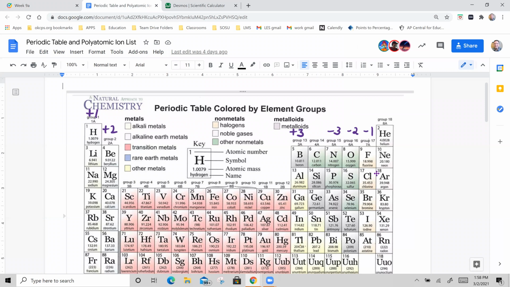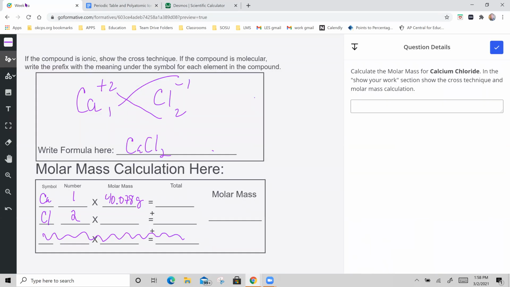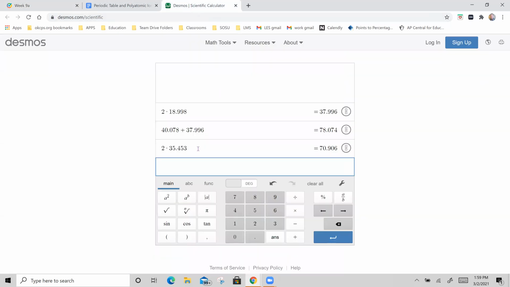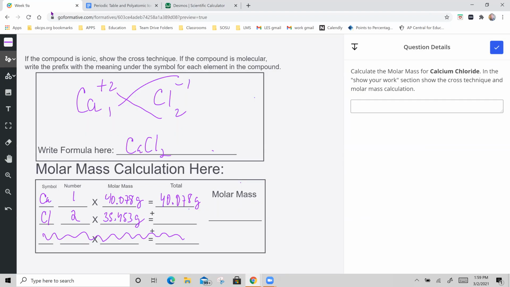It is 35.453 grams. And now you simply multiply. So 1 times 40.078 is 40.078 grams. And 2 times 35.453, believe it or not, you just did that calculation a second ago, is 70.906 grams.